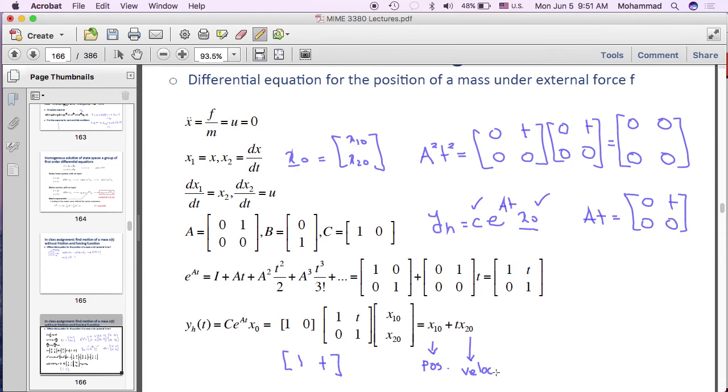You have seen this before. So you are basically saying if there is no force applied and there is an initial velocity and an initial displacement, the system keeps moving at that constant velocity forever because there is nothing to slow it down. And you are basically finding it from the state space model.